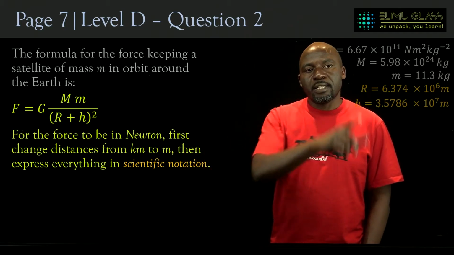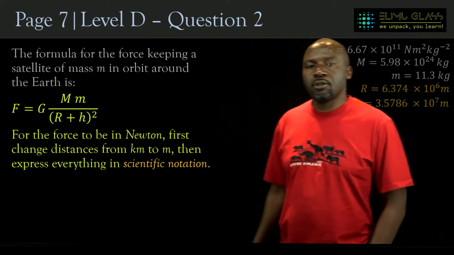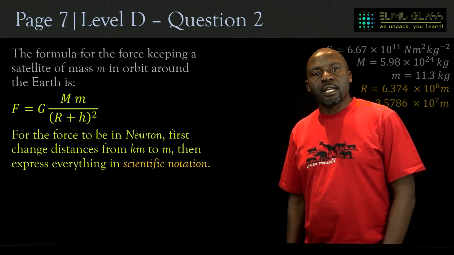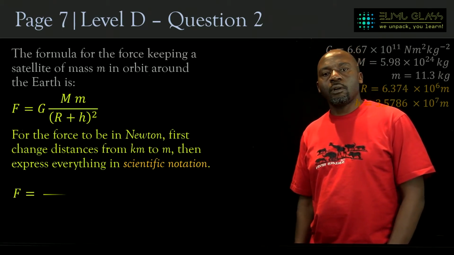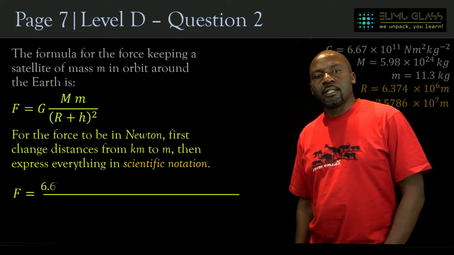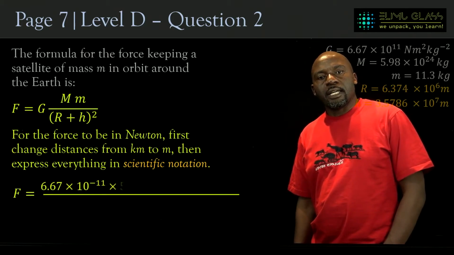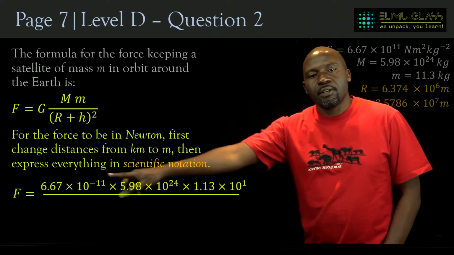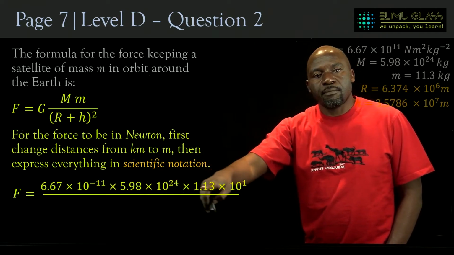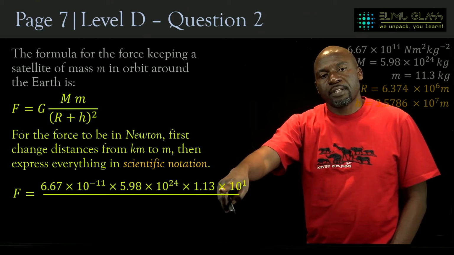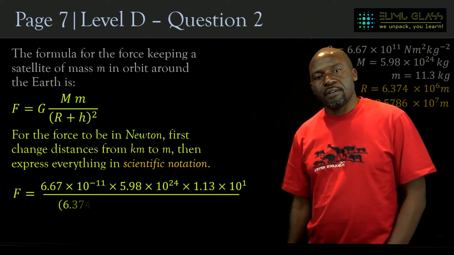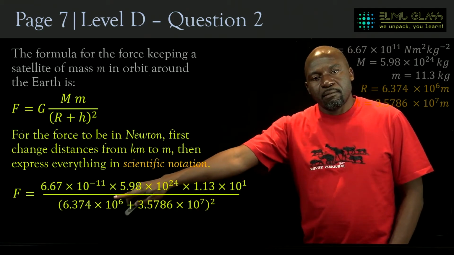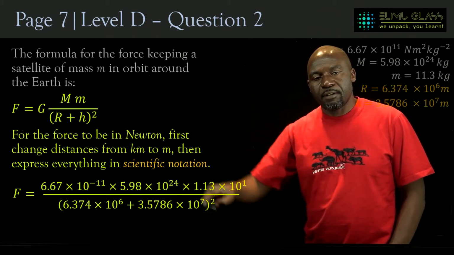Now this data needs to be substituted into that formula there. So if we bring in our calculator, substitute in this data. That is the value of G, that's the mass of the Earth, that's the mass of the satellite expressed in scientific notation, divided by the radius of the Earth plus the height of the satellite.